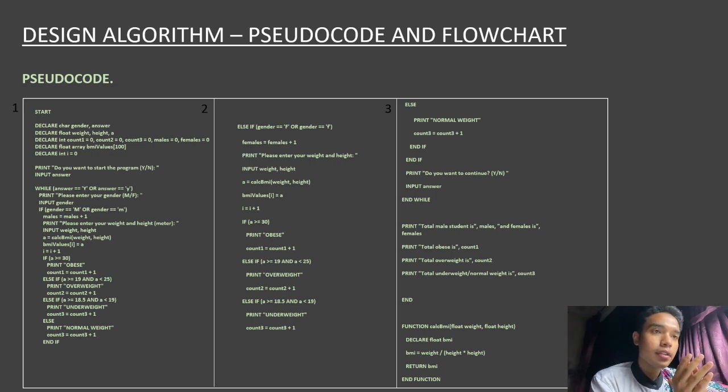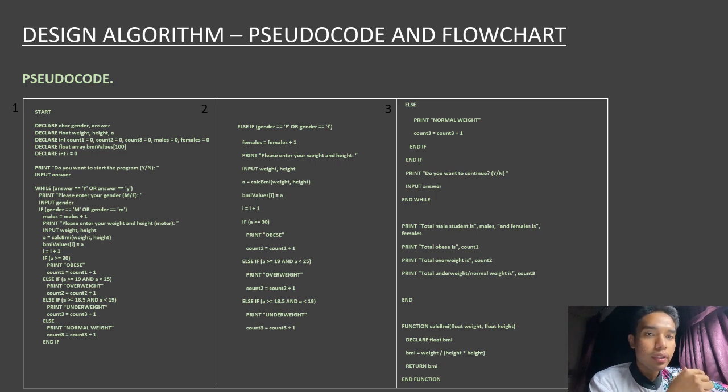After that, we calculate the BMI from the weight and height, and get A, which is assigned to the calculate BMI. For the BMI value, if A is equal to or greater than 30, it displays obese and continues to the next loop. If the BMI value is equal to or greater than 19 and A is less than 25, it displays overweight and continues to the next loop.